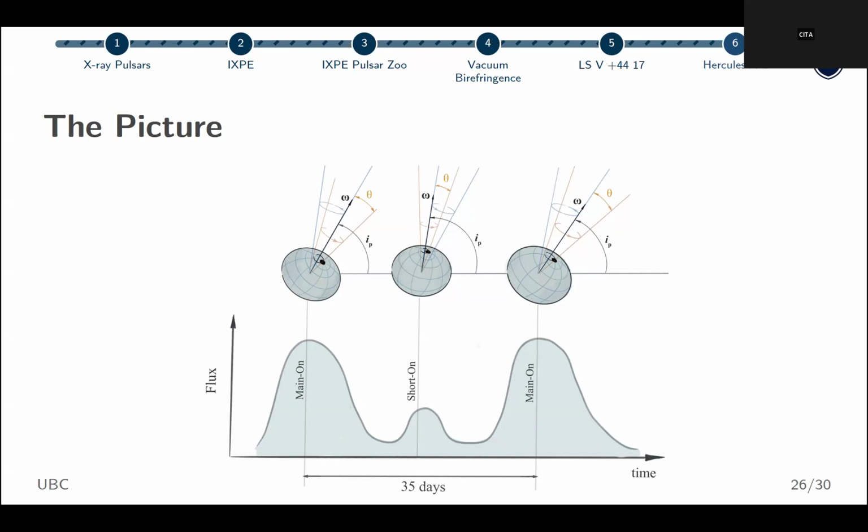That precession will die out very quickly. But this is not a radio pulsar. It's an accreting neutron star with a misaligned disk. And we know it's misaligned for several reasons: from the polarization, and also because the disk blocks it every 35 days.